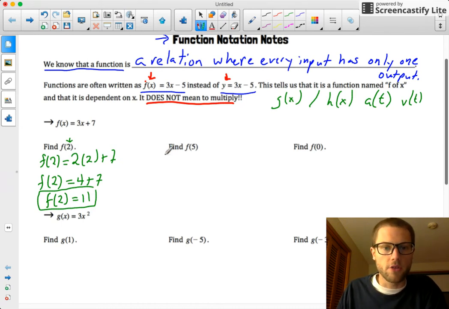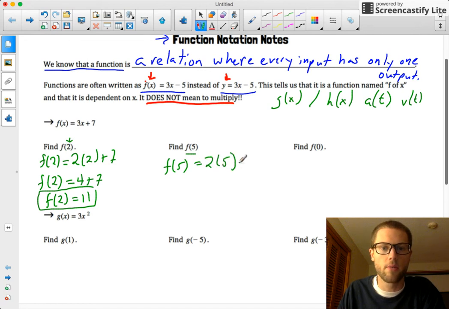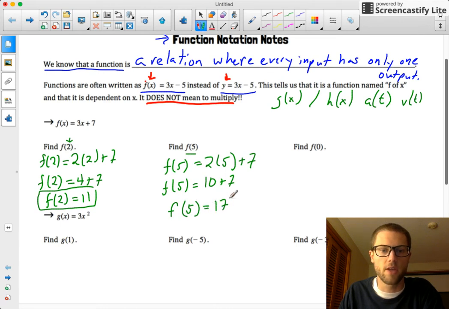All right, so for this one here, f of 5, same process. I'm going to plug 5 in for x. So f of 5 will equal 2 times 5 plus 7. Let's keep simplifying here. F of 5 is going to equal 10 plus 7. And finally, that means that f of 5 is equal to 17.